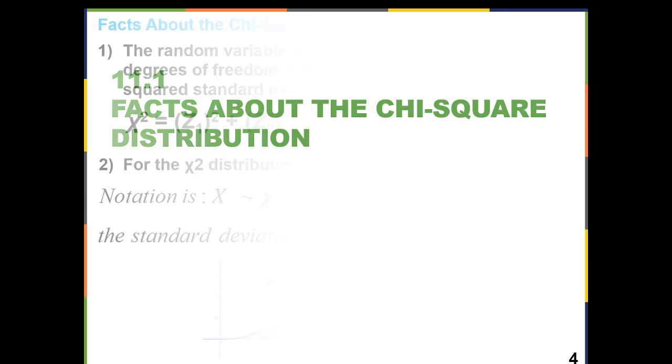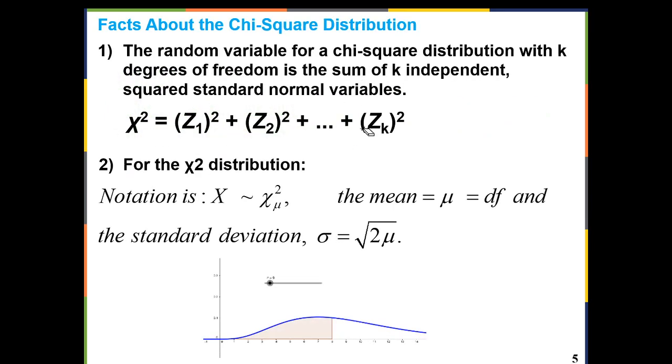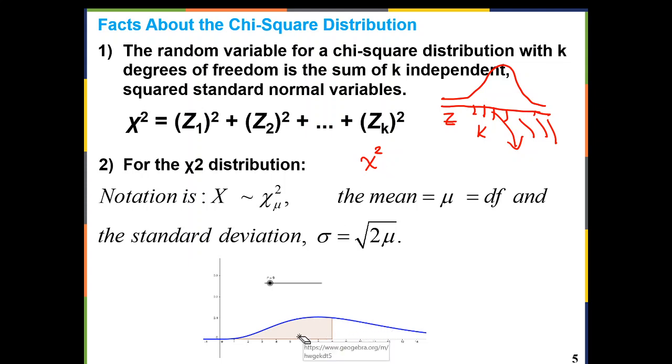All right, so what is this distribution about? Well, if you take the standard normal distribution, z, and you randomly sample k numbers from it, square them and then add them, and you keep doing that, keep taking samples of k numbers, squaring them and adding them, then the sums you get are all called chi-square numbers, and they make a distribution like that.